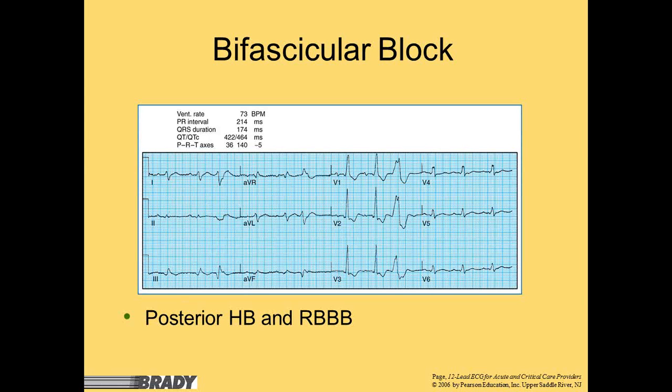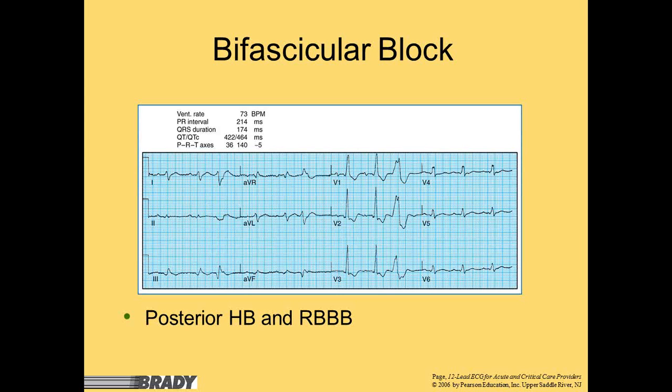So in looking at our handy dandy little chart that we have and love so well, looking at lead 1, it is down. Lead 2 is up, so in this one it doesn't really matter. And lead 3 is up. And then looking at our axis deviation, it's 140.